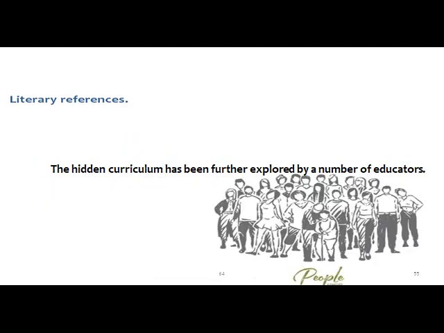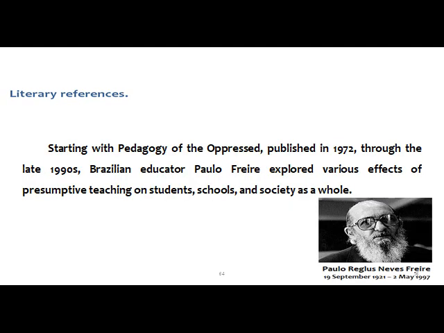The hidden curriculum has been further explored by a number of educators. Starting with Pedagogy of the Oppressed, published in 1972, through the late 1990s, Brazilian educator Paulo Freire explored various effects of presumptive teaching on students, schools, and society as a whole.